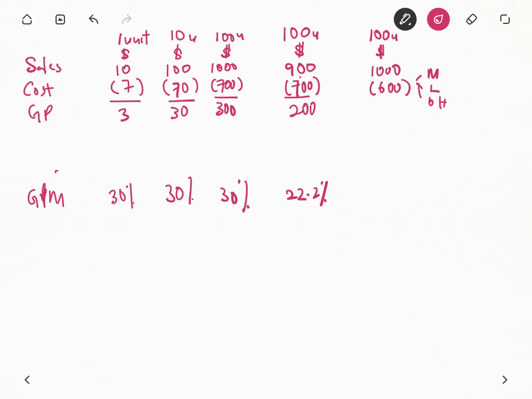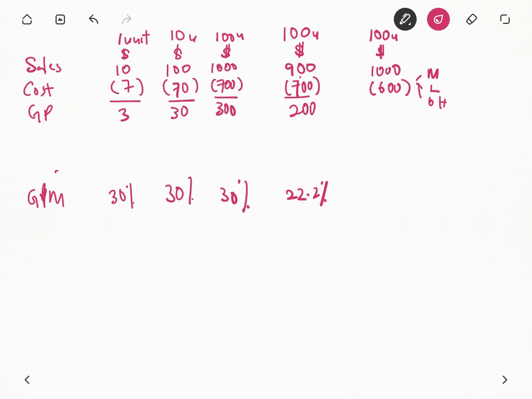Due to a change in the material price, or maybe I buy in bulk, that's why it's cheaper. Labor, because of efficiency, I hire skilled labor, or after 1, 2, 3 years they become very skillful, so they become more efficient. Overhead, because I move my factory to Vietnam or another country where my rental cost is cheaper. Everything, the cost has reduced.